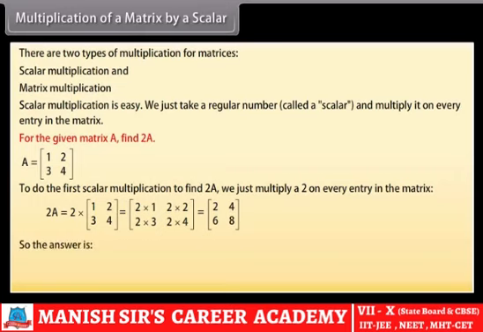So the answer is 2A equal to the matrix with first row 2, 4, second row 6, 8.